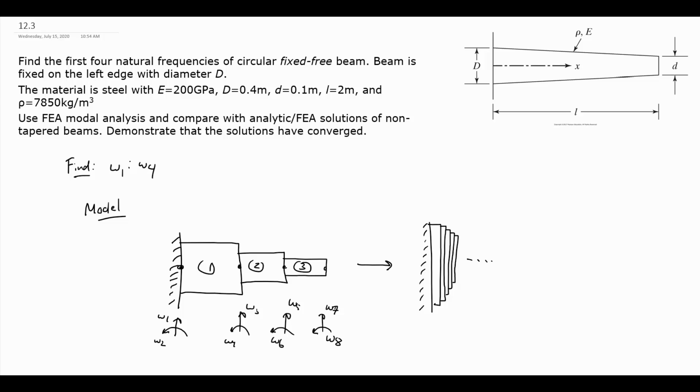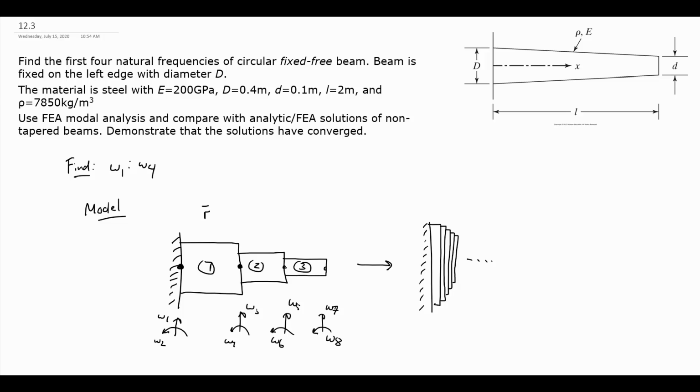We could say that each element is going to have the radius at the left node, or the radius as calculated on the right node, or we can use the average radius, I'll call it R bar here, which will be the average of the radius on the left and the radius on the right, and use that value to calculate our moment of inertia and our cross-sectional area.